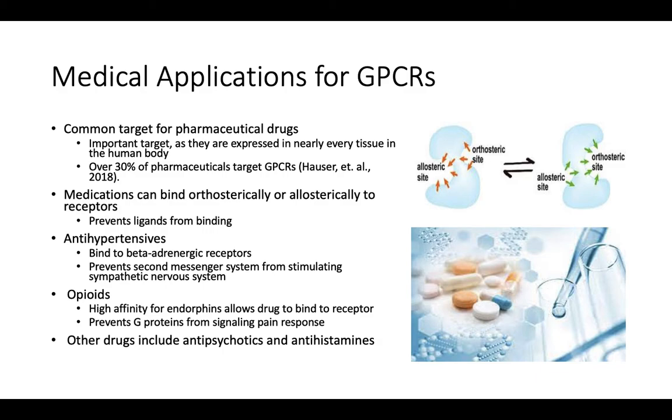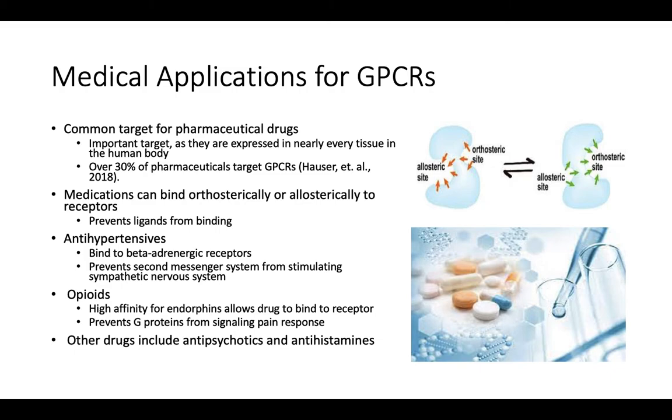Another example of medicines found with GPCRs are antihypertensives. So those will bring down blood pressure. And they're going to bind to beta adrenergic receptors. This is another orthosteric example because it's going to bind straight onto the place where the epinephrine would typically bind.